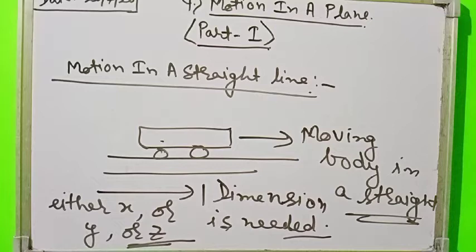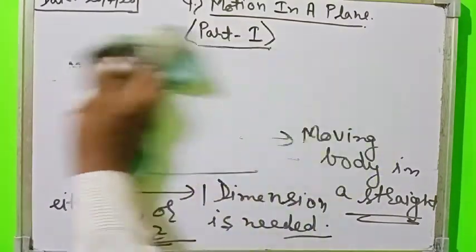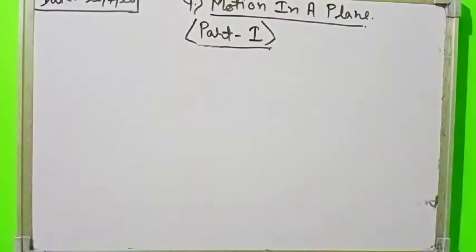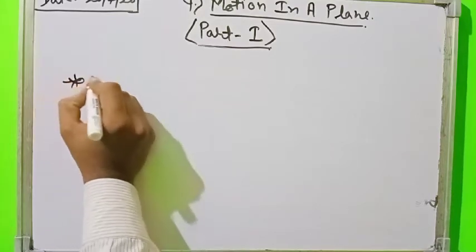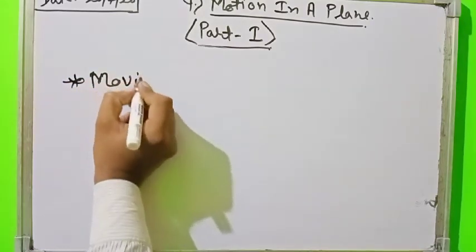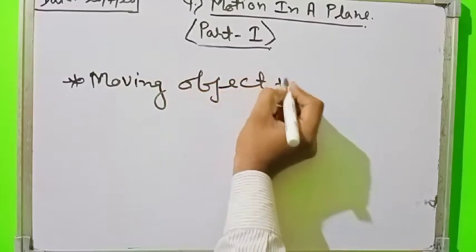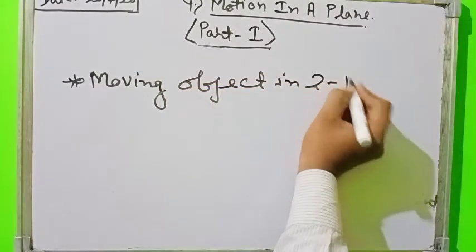But now we are talking about motion in a plane, and as this is motion in a plane, it means we have to discuss the moving object in 2D.